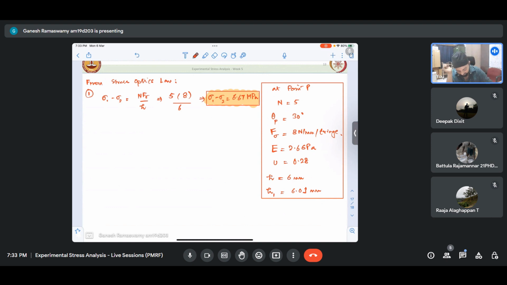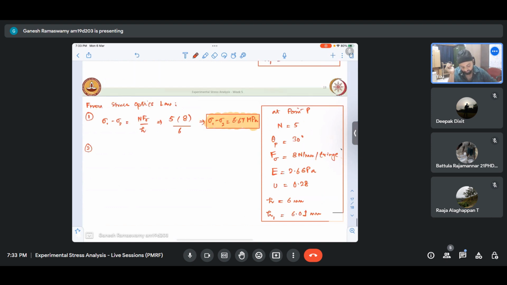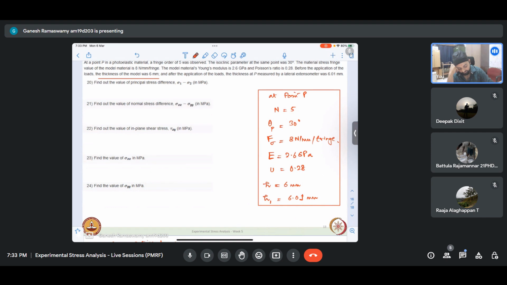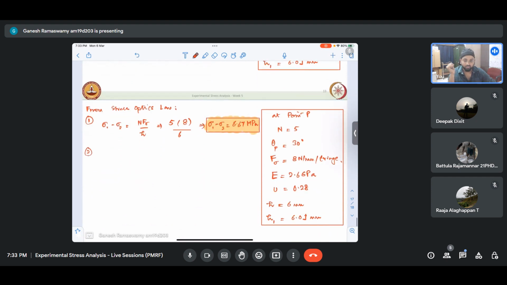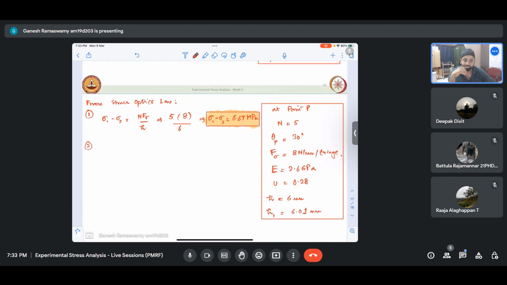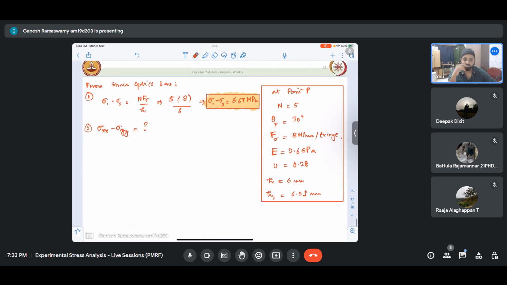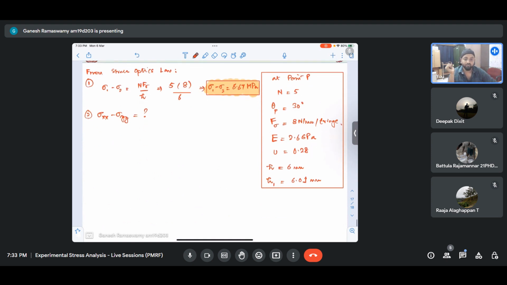Okay, let us look at the second question. Find the value of the normal stress difference sigma x minus sigma y. Okay, so how we can do this? So we can invoke our Mohr circle principles.